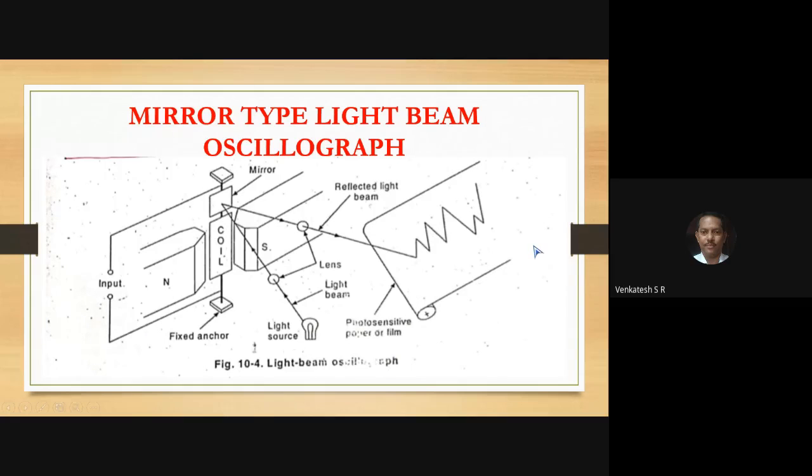In the seismic instrument, you have two types of oscillographs: the stylus type or the mirror type of light beam oscillograph.